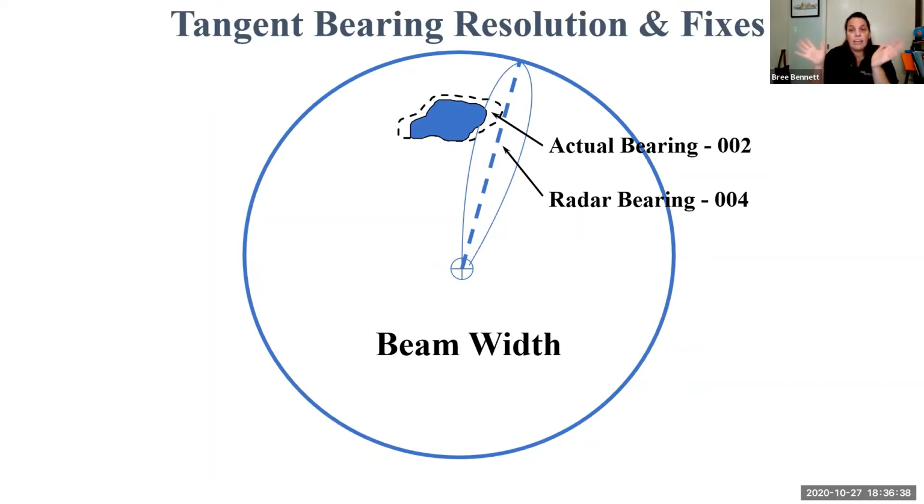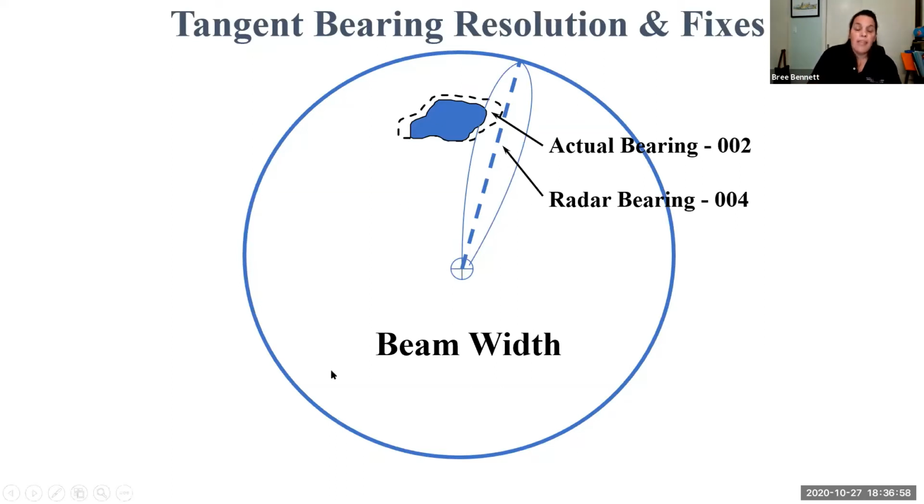And that beam width can be very big, and it can give us this distortion of objects, which will tend to give us these enlarged or bloated targets or land masses.